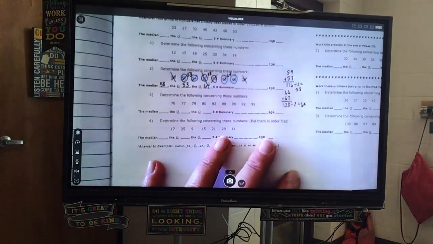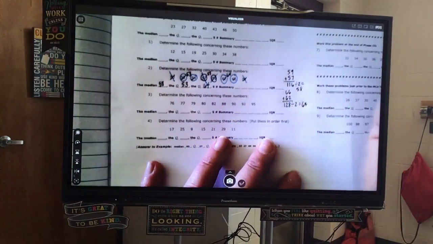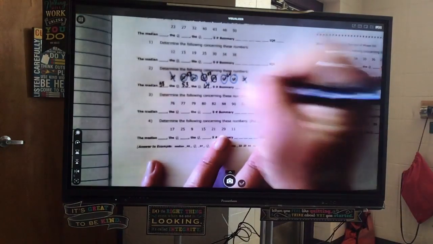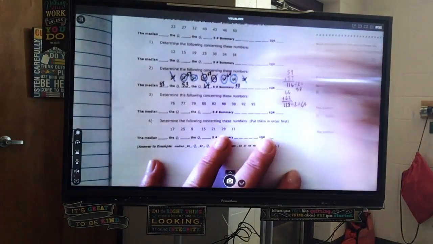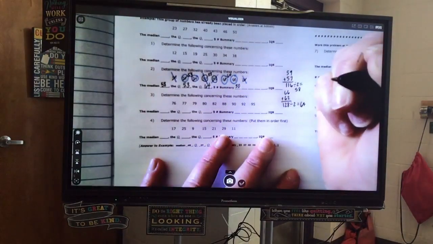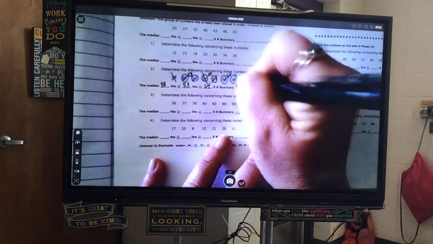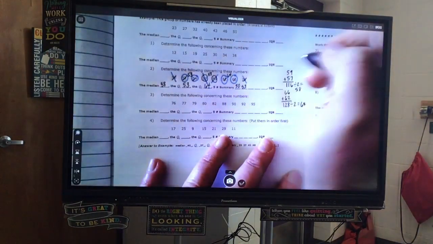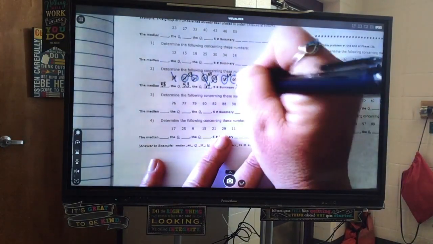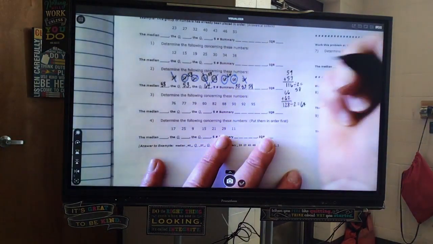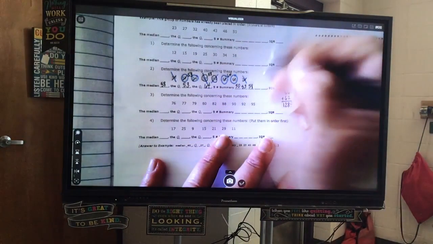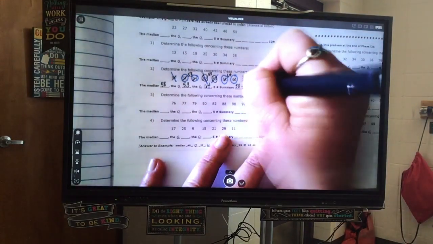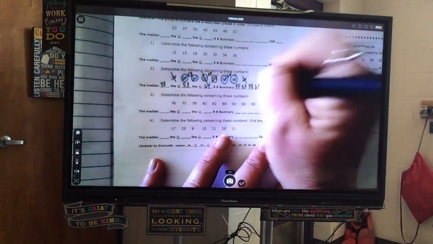So what is my 5-number summary then? What's my minimum number? Raise your hand. Cooper L. Alright, someone else. What is my Q1? Brock. What is my median? Gabriel. 58. What is my Q3? Ethan. 64. And what is my maximum number?